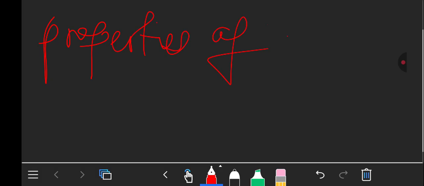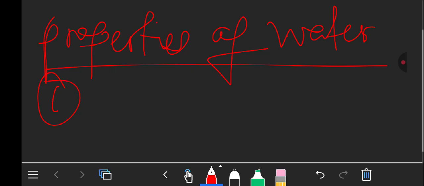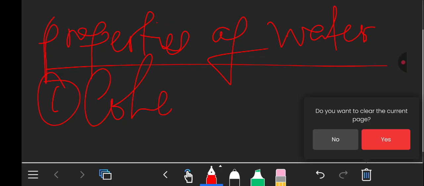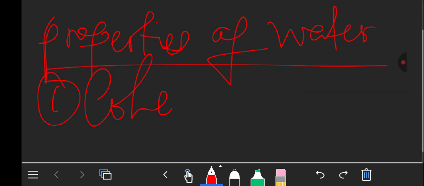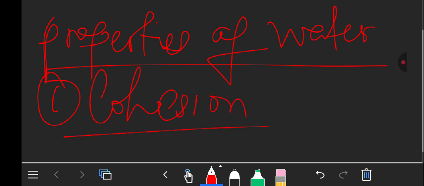Now let's look at the properties of water and their importance. The first property we'll look at is known as cohesion. What is cohesion?